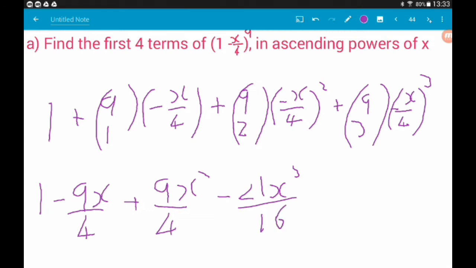So there's our expansion, or the first four terms of our expansion of 1 minus x over 4 to the power of 9.